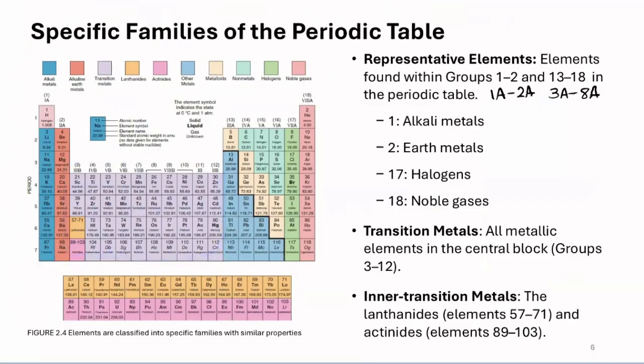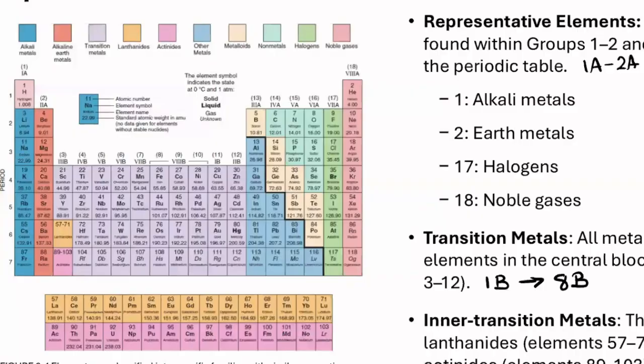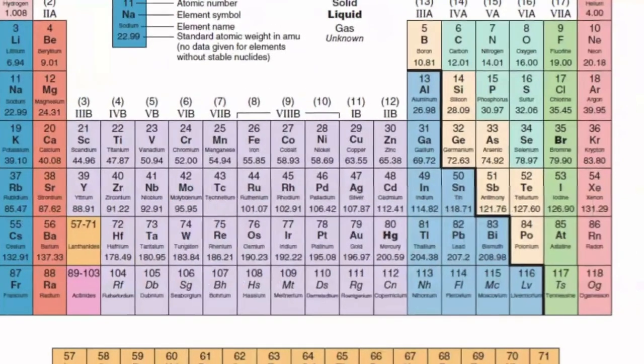They are present in groups 3 through 12, or in other words, from 1B all the way to 8B. If I zoom into the image on the left, we can see the group numbers of the transition elements, these.